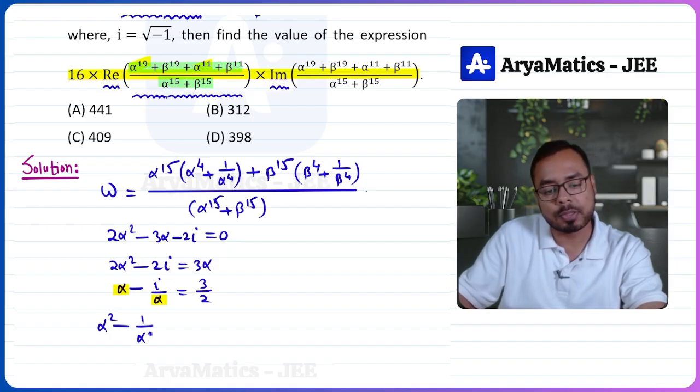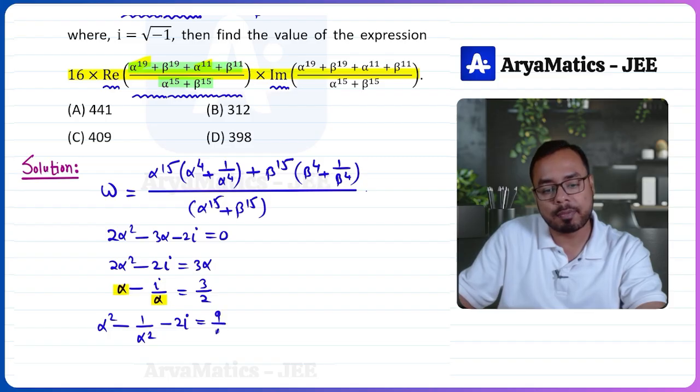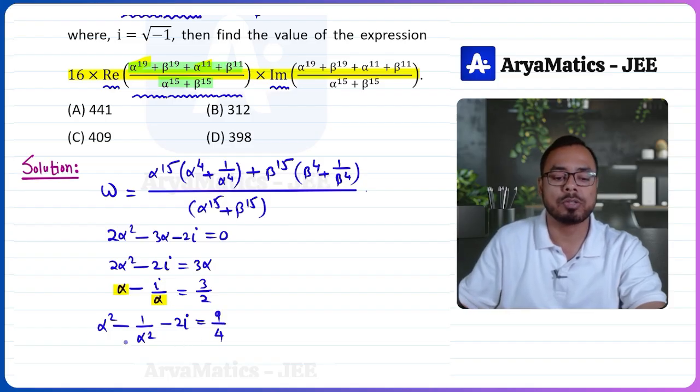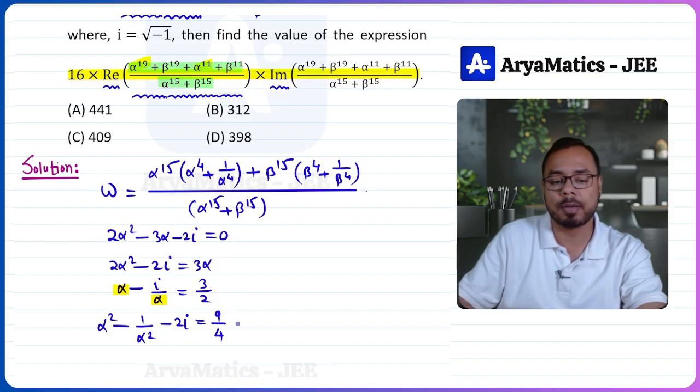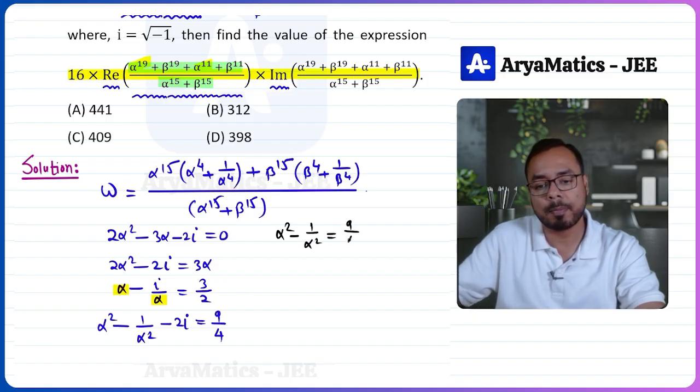Iota square is minus 1, so minus 1 by alpha square, and then minus twice ab, where alpha cancels, and on the right hand side we have 9 by 4. So this is what we get for alpha square minus 1 by alpha square, which equals 9 by 4 plus 2 iota.